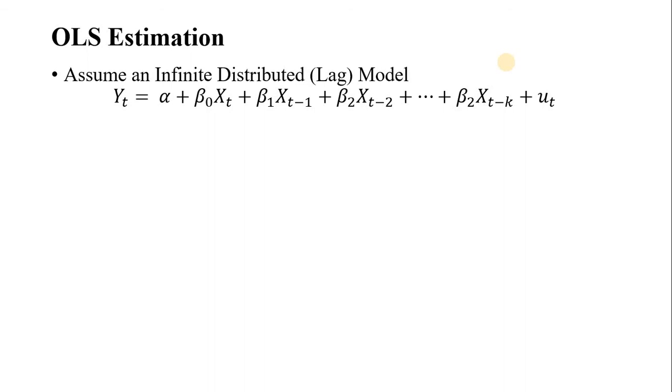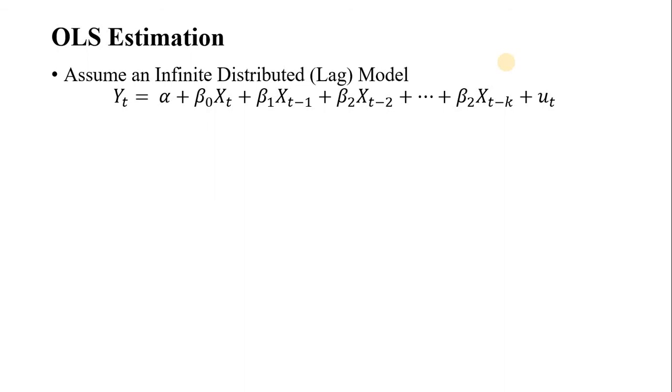Infinite means what? We don't know exactly how much lag should be included. So what we are doing is taking n number of explanatory variables or n number of lagged values. So this equation is yt equals alpha plus beta 0 xt plus beta 1 xt minus 1, beta 2 xt minus 2, beta 3 xt minus 3, then beta k xt minus k plus ut.